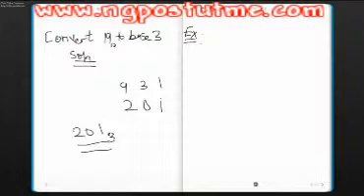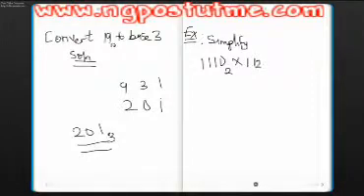Look at this. This question says simplify 1110 base 2 multiplied by 112 base 3, then multiplied by 61 base 7.